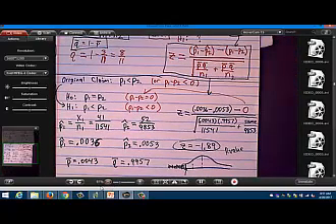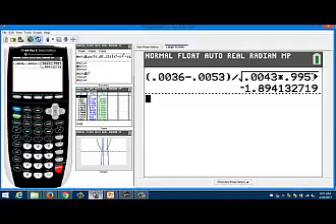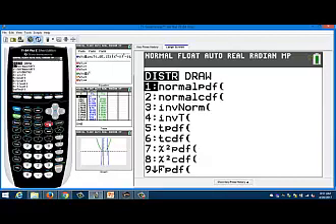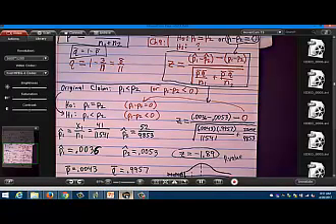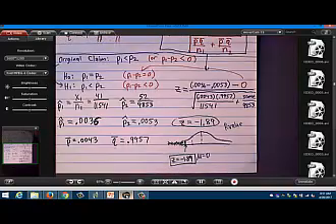Yep, normal CDF. So let's go there. And we will do second distribution, normal CDF. From where to where? Is that lower bound okay? Yes, we want a really small lower bound because we're going all the way to the left. What should the upper bound be, guys?